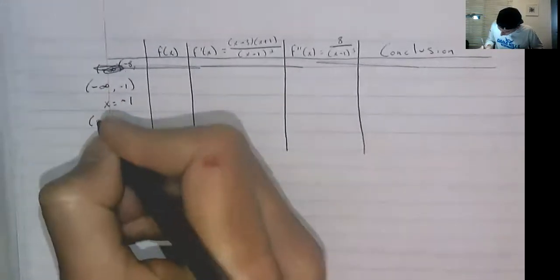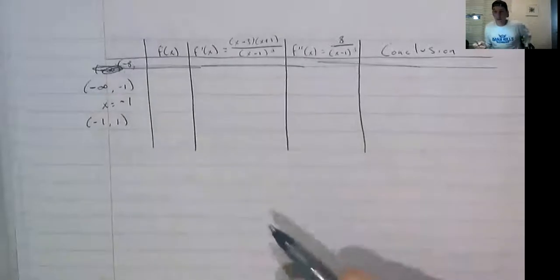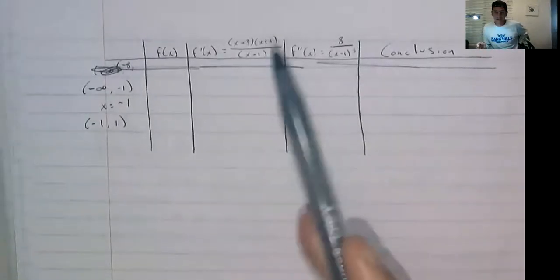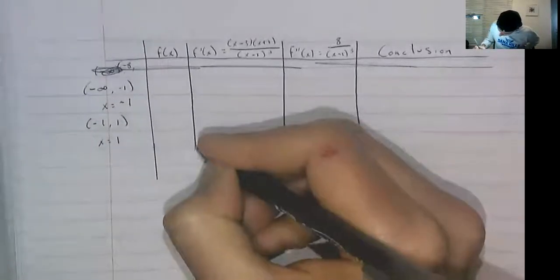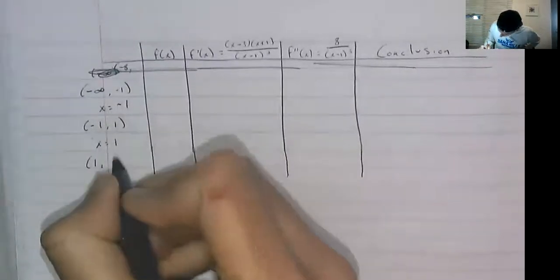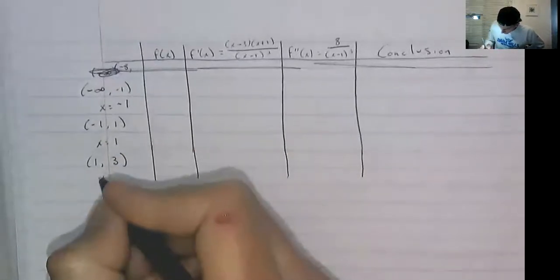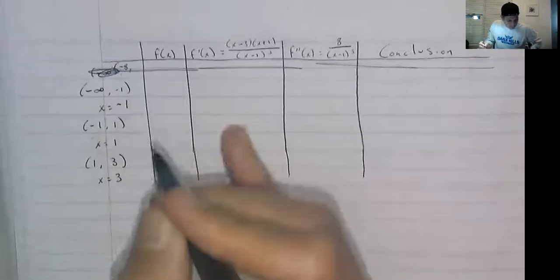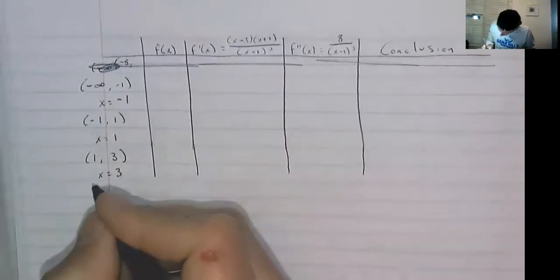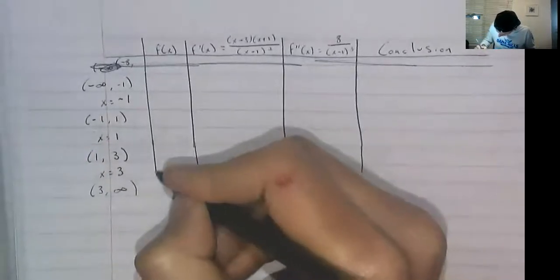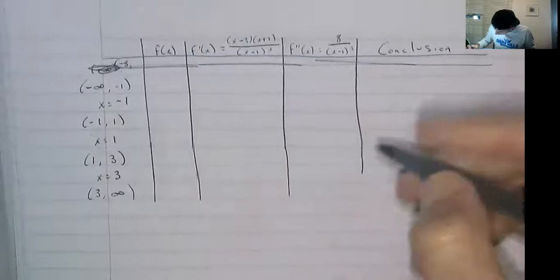We're then going to go from negative 1 to positive 1, because that's a critical point on the first and second derivative, because they don't exist there. Then we're going to go from, or at 1. Then we're going to go from 1 to 3, which is our next critical point of our first derivative. And then we're going to see what happens from 3 to positive infinity. Cool.